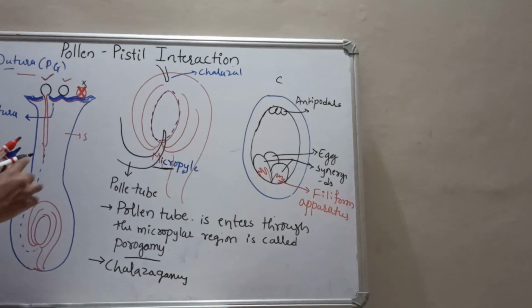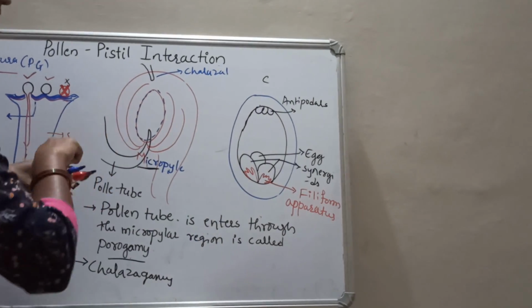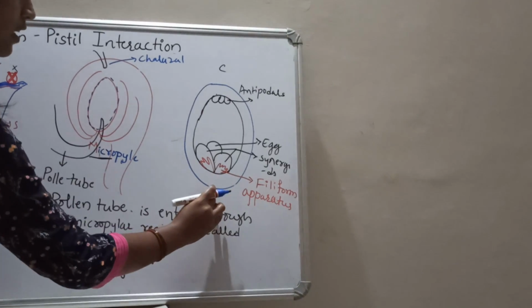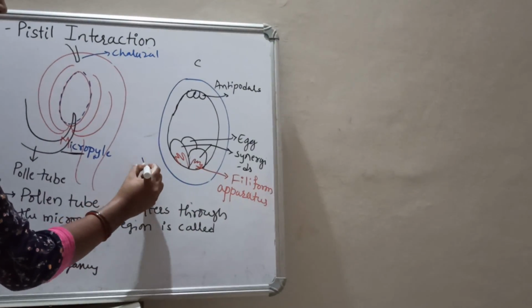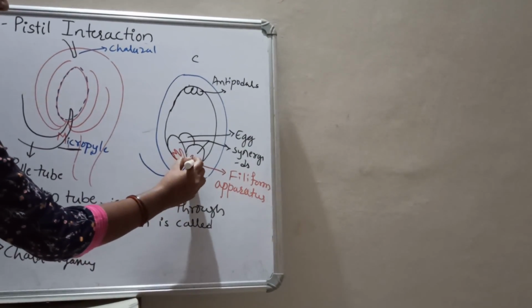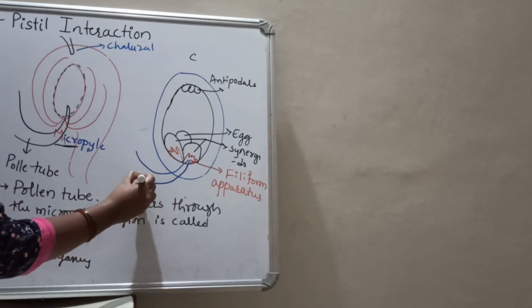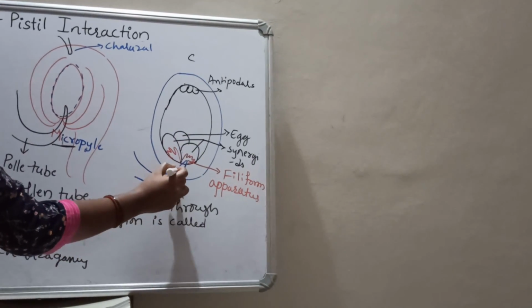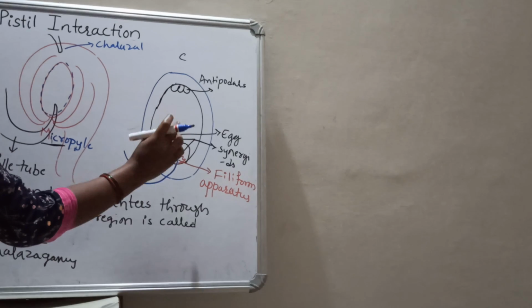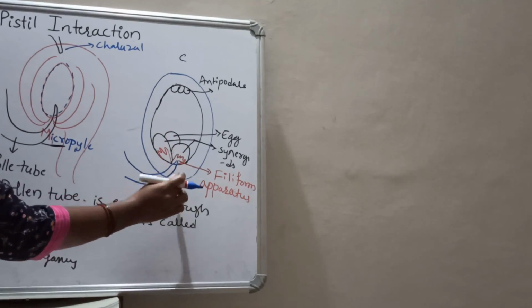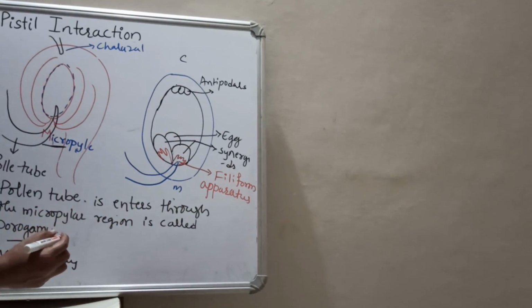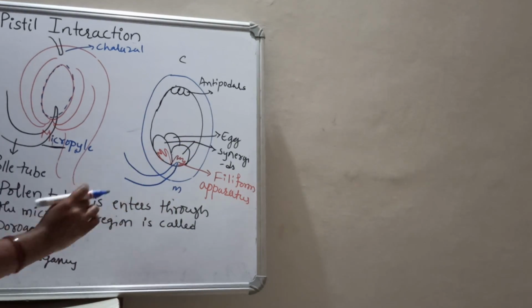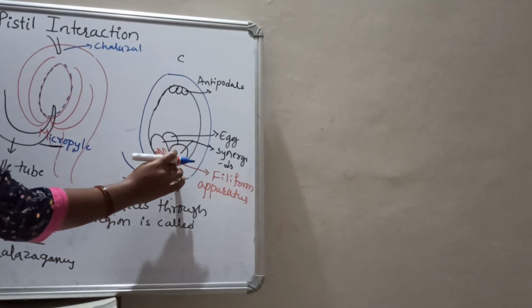Then the pollen tube enters the micropylar region, and it enters one of the synergid cells, which are present at the micropylar region. Why does the pollen tube enter the synergid cells?